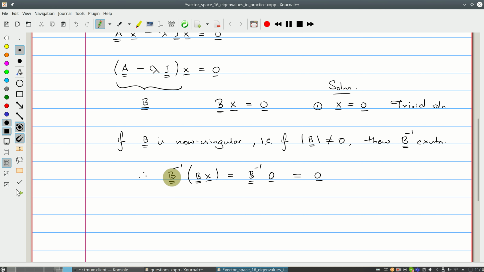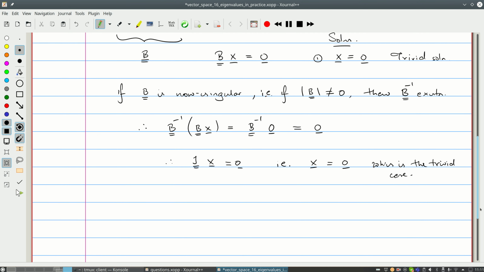Here the B inverse can be multiplied by B first. That gives us the identity times x is equal to 0, i.e. x is equal to the 0 vector, which is the trivial case. And we are not interested in the trivial case.